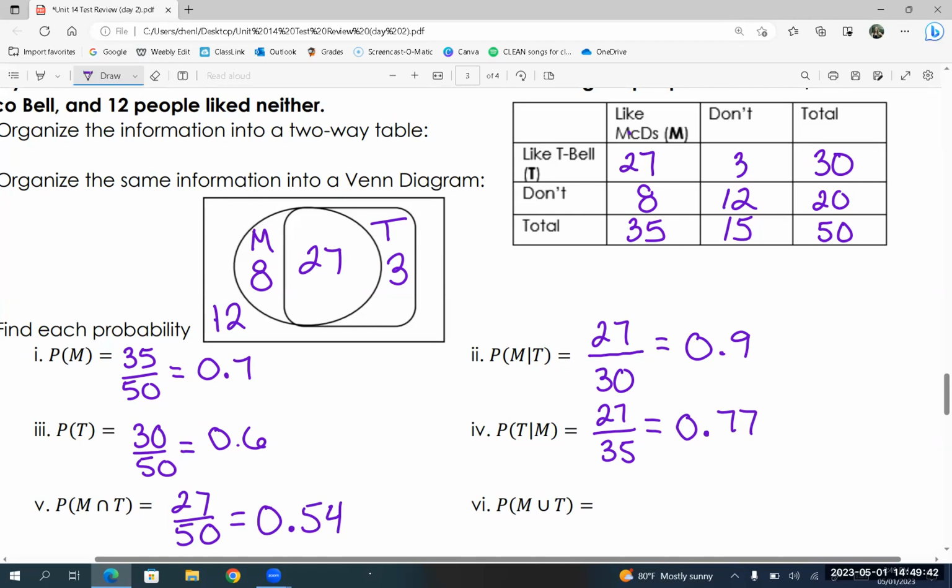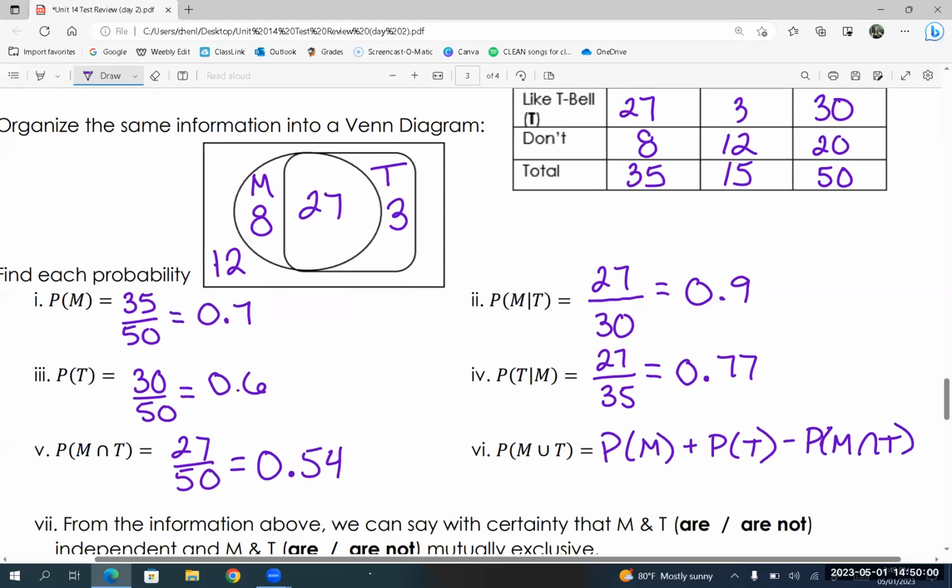And number 6, the probability that they like McDonald's or like Taco Bell. So we're going to do the probability that they like McDonald's plus the probability that they like Taco Bell minus the probability that they like McDonald's and Taco Bell. Liking McDonald's was 0.7.